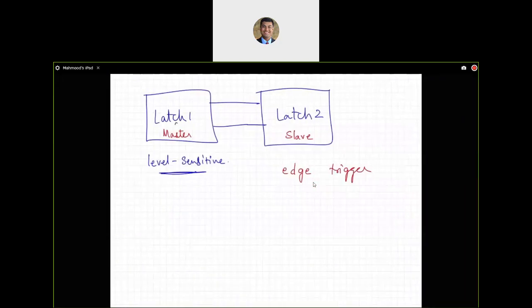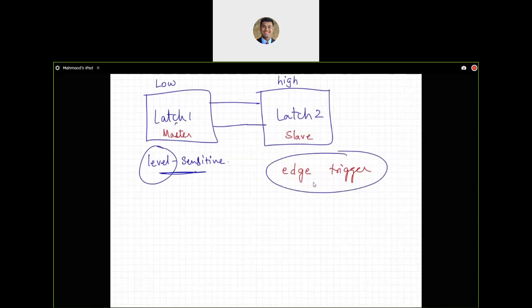Say latch 1 is sensitive to the low level of the clock, and latch 2 is sensitive to the high level of the clock, then I get an edge triggered flip-flop which is sensitive to the low to high edge, because this is sensitive to low, this is sensitive to high, so the overall design is sensitive to the clock going from low to high. So that's how we get edge triggering, which is how we design a flip-flop, by connecting latches back to back.